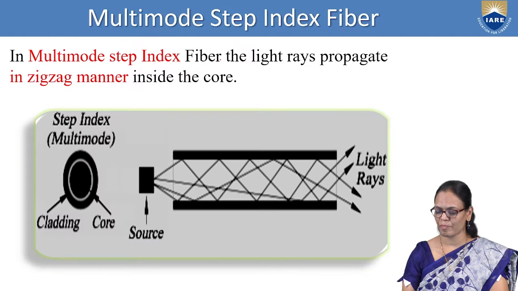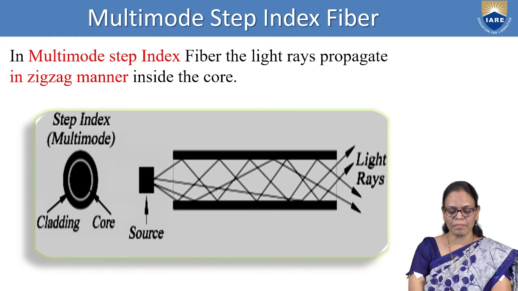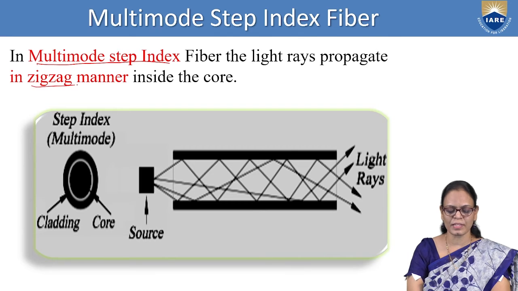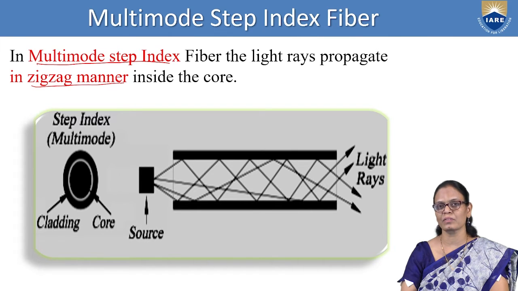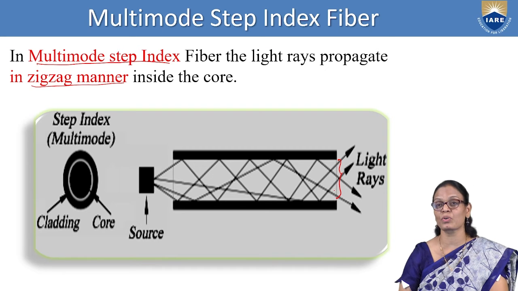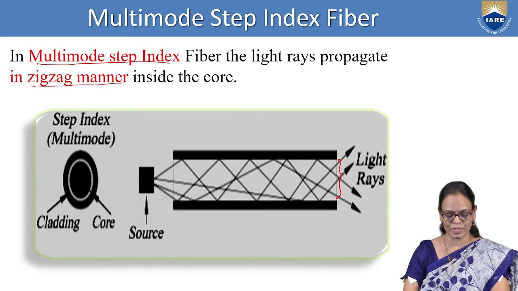And in multimode step index fiber, the light rays propagate in a zigzag manner inside the core. If you see, whatever we have seen in multimode, the diameter of the core is very large. This is the diameter of the core and this is the cladding.